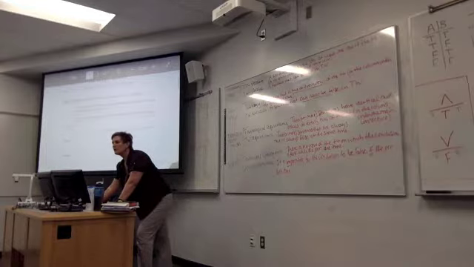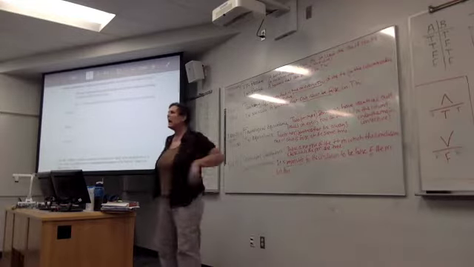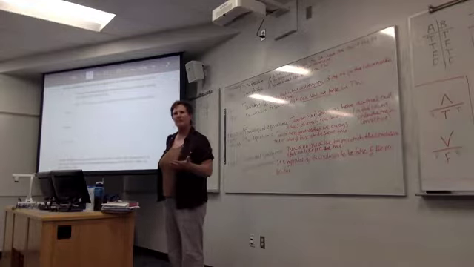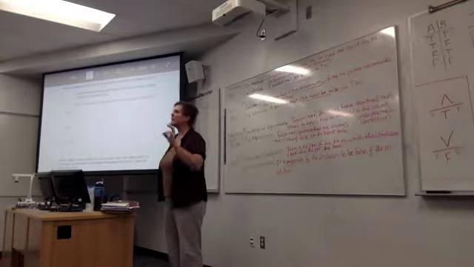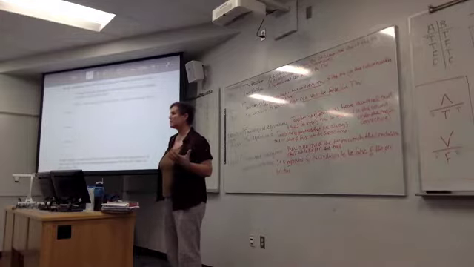So the first part involves some basic translating. We haven't done a ton with translations apart from the nuts and bolts, right? So how to identify the main connective, how to use parentheses and so forth.